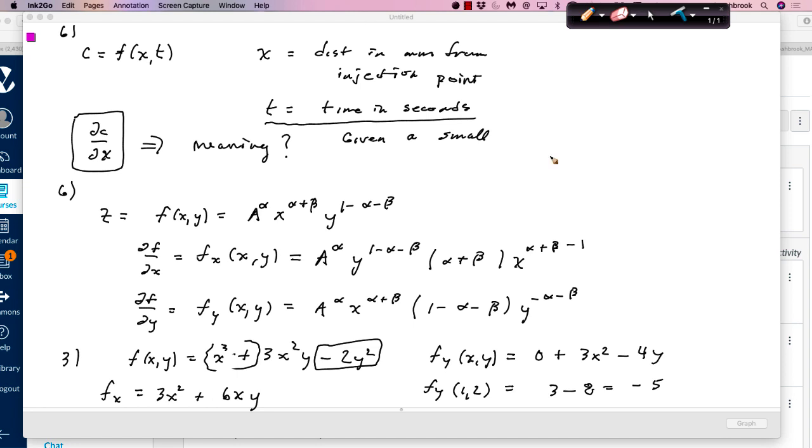So given a small change in distance from the injection point, and how do we symbolize that? What's a small change in distance from the injection point? Dx.